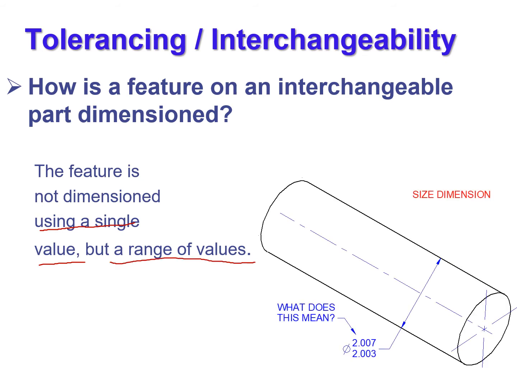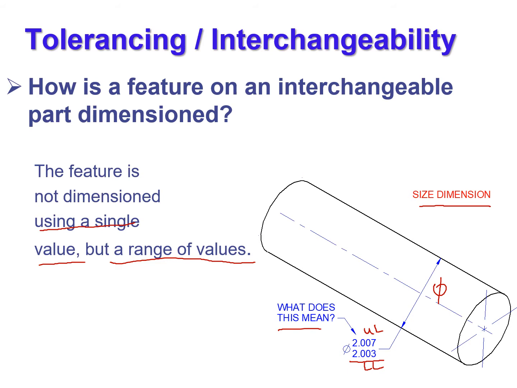So if this is the size dimension and the basic size, for example, what does this mean? This means the upper limit. If this is the diameter of this cylinder, then there are two limits to this diameter. One is the upper limit and one is the lower limit. The upper limit is 2.007 and the lower limit is 2.003.